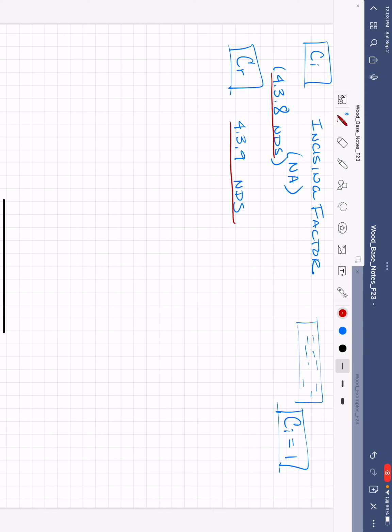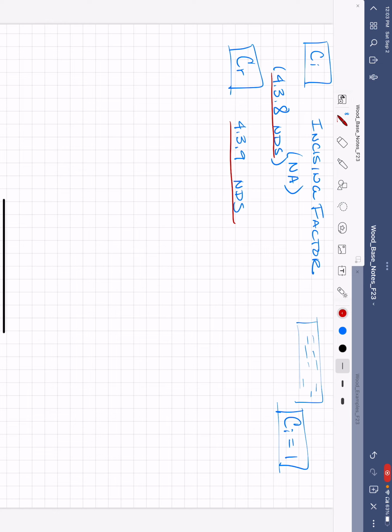And it says reference bending values shall be multiplied by the repetitive member factor 1.15 when they are used as joists, trusses, etc., which are in contact or not spaced more than 24 inches on center, and are not less than 3 in number. So we do meet this, okay?